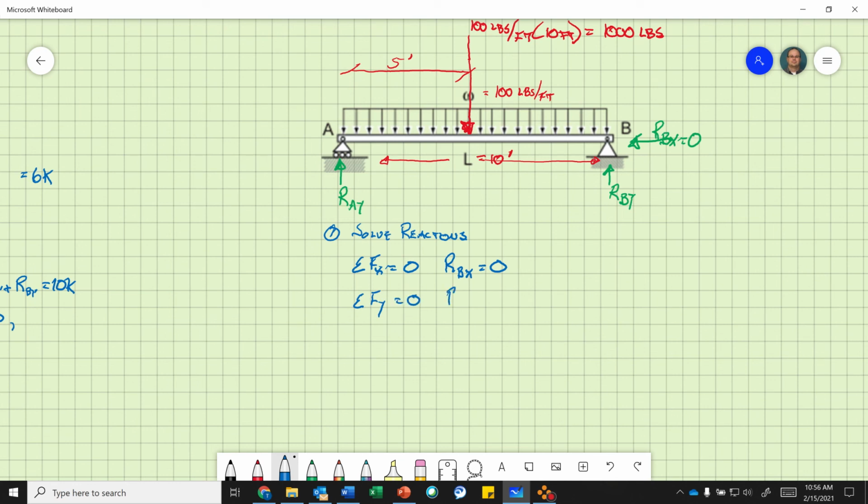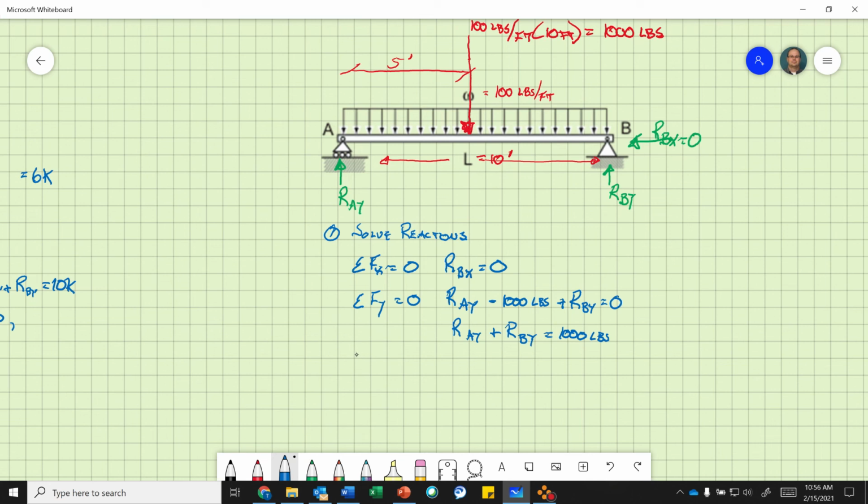So we have the reaction at point A in the Y direction minus 1,000 pounds, that's the distributed load turned into a point load, plus the reaction at point B equals 0. So the reaction at point A plus the reaction at point B in the Y direction has to equal 1,000 pounds when I rearrange that with algebra.